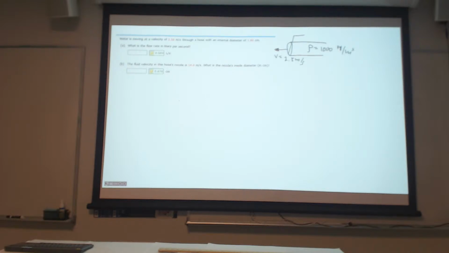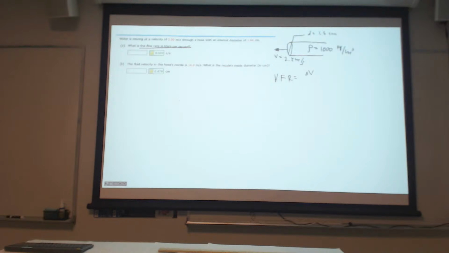And the diameter here is 1.6 centimeters. The flow rate in liters, that's what we call the volume flow rate.